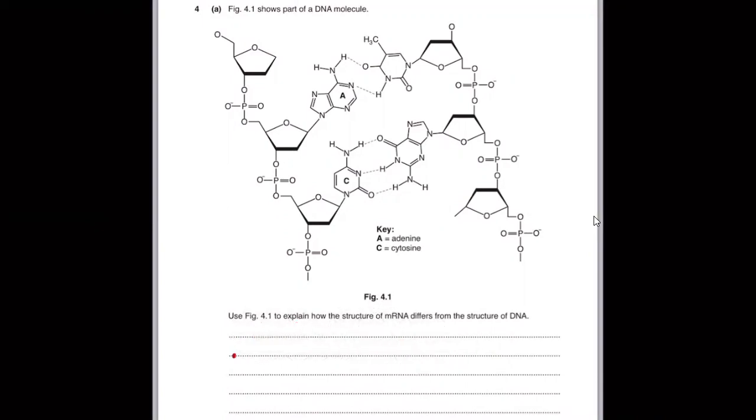mRNA is not a helix, while DNA is a helix. It's a straight, non-helical molecule. Any other difference, Alia? Miss, mRNA has ribose sugar. So this means ribose versus deoxyribose.